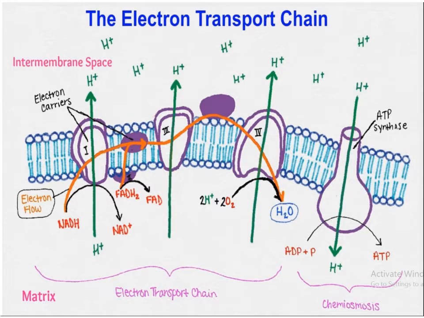They come here, and the NADH molecule approaches complex 1, and NADH can give up its electron and its proton. The green line is the proton track, and the orange line indicates the flow of electrons.